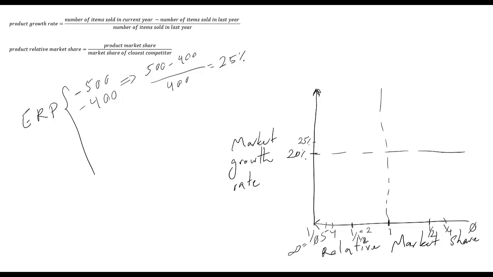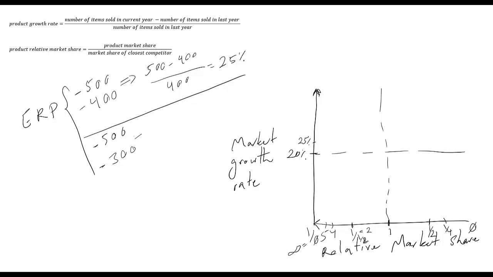So for the product market share, consider for instance we sold 500 this year, and our closest competitor sold 300. For instance, consider that our market is just 1,000 potential licenses that could be sold.